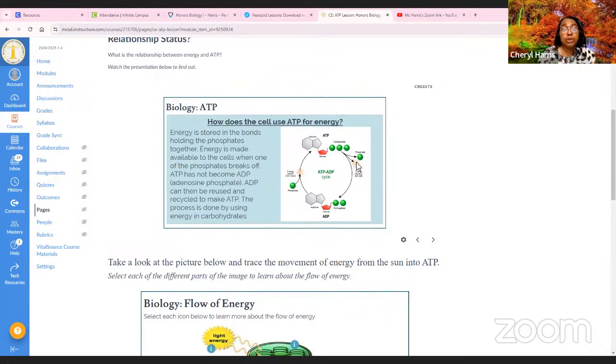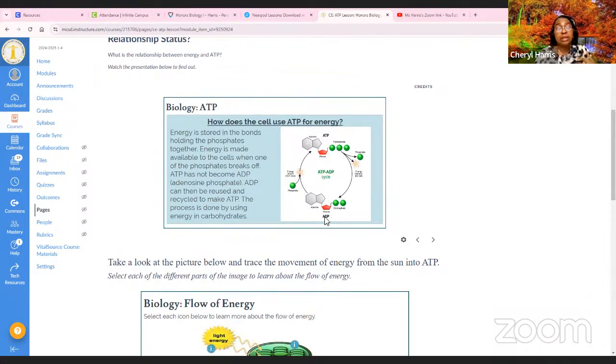Then it shows you that in the process of doing this, one of those little phosphates breaks off and it releases energy. And when it does that, it's not three phosphates anymore, it's only two, so it becomes adenosine diphosphate, or ADP.